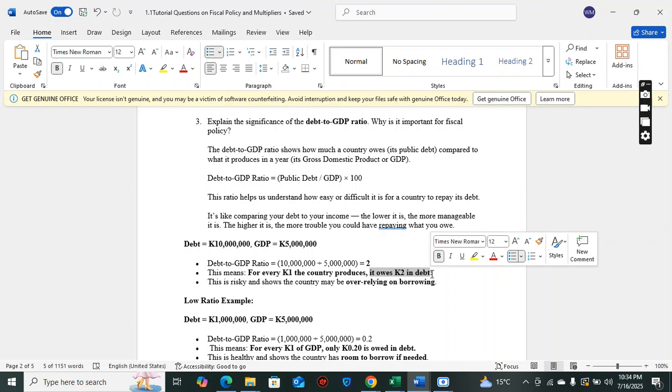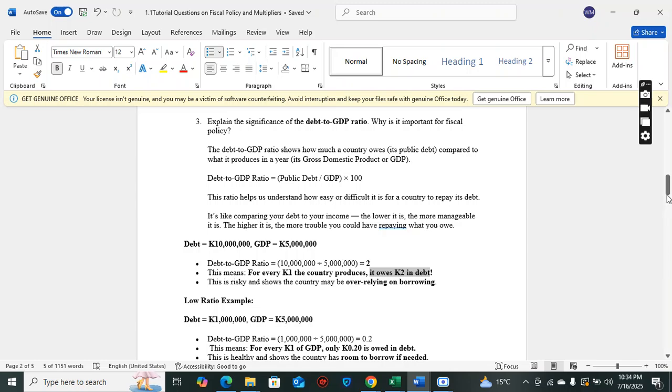Any value above 1, just know the debt is more than the GDP. And any value below 1 means your GDP is greater than your debt, meaning you can pay off all your debt with your GDP. With what you produce and sell, you can pay off all your debt and remain with some change.